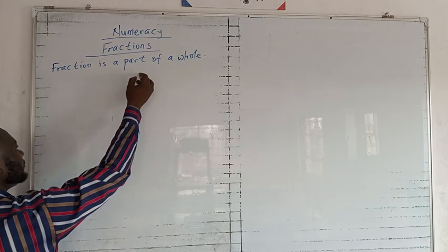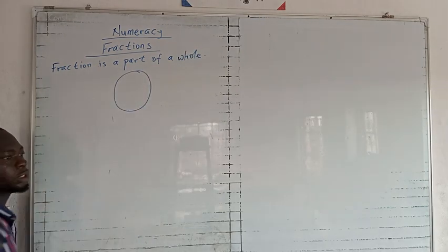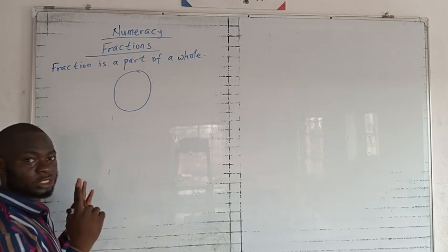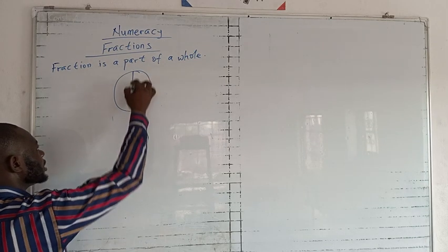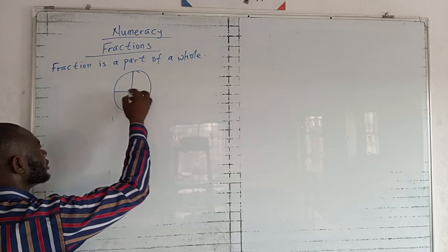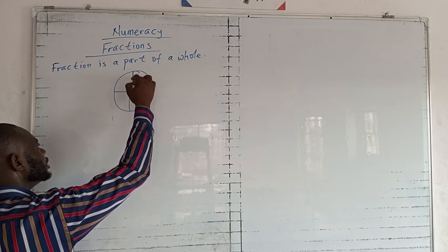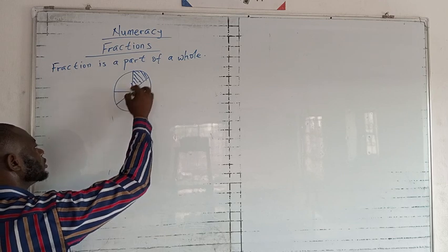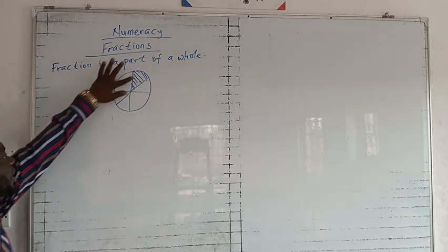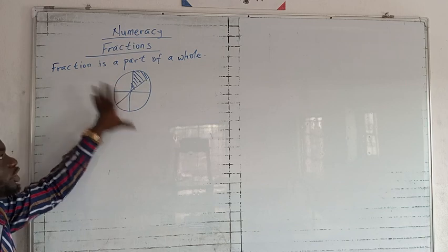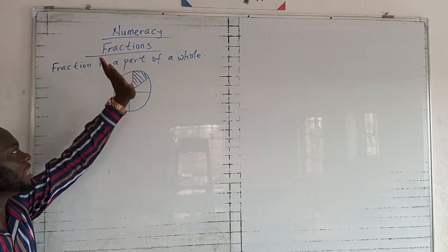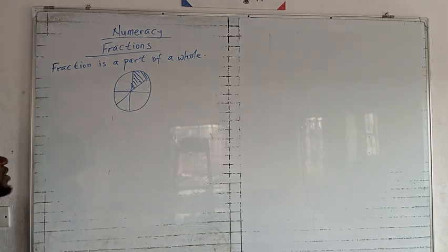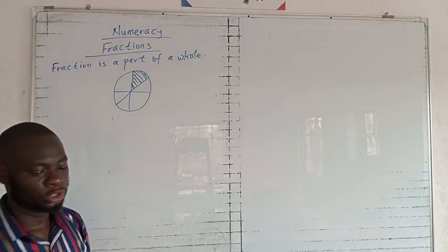This simply means that if this is a circle, a whole circle, just one circle, and I share this circle in this way and shade here, then if I pick out this shaded part of this one circle, that shaded part becomes a fraction of the circle. So a fraction simply means part of a whole.